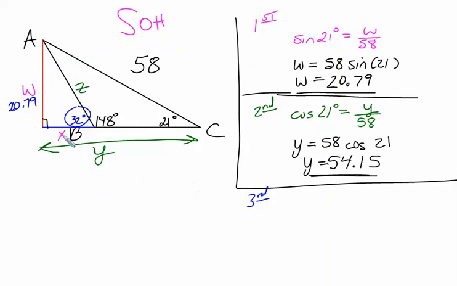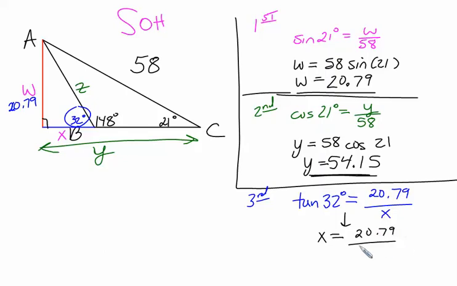And when we're doing this, then we can say that the tangent of 32 degrees is equal to that opposite side, which is W, which we know. We can put the number there, 20.79, divided by x. Now we're getting the hang of this, so when we solve for x, it's going to be 20.79 divided by the tangent of 32 degrees.